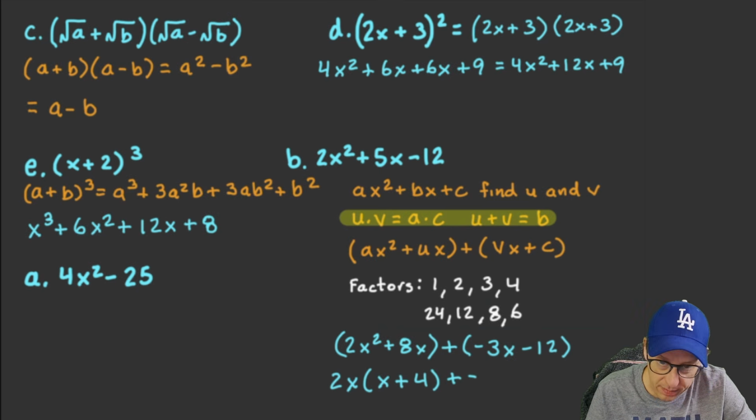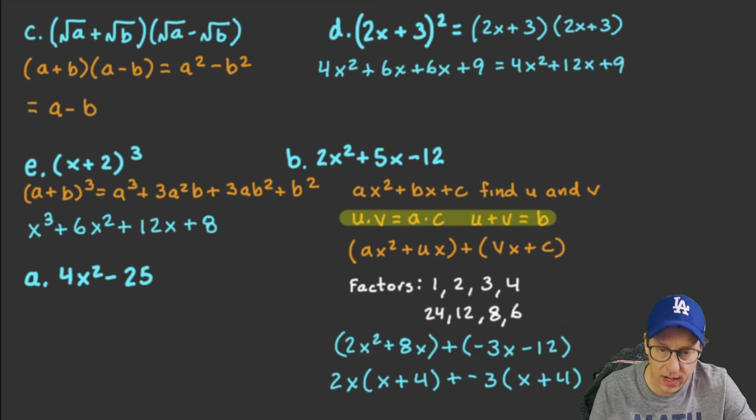This will be negative 3 is our common term in this circumstance, and this is going to give us x plus 4, and then finally factor out those terms once again, and that will give us 2x.